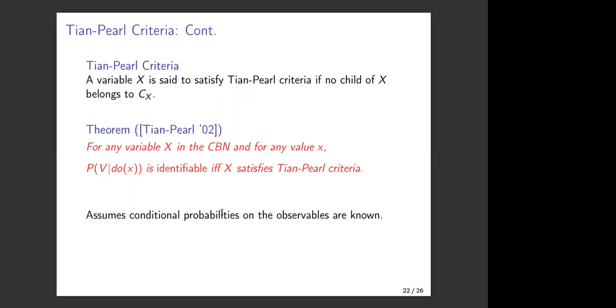So it completely characterizes when you can identify atomic interventions, and of course they also give a very nice expression for it. Again, the main focus was identifying this and giving this expression. The conditional probabilities, or all the possible probabilities of the observables, are assumed known.